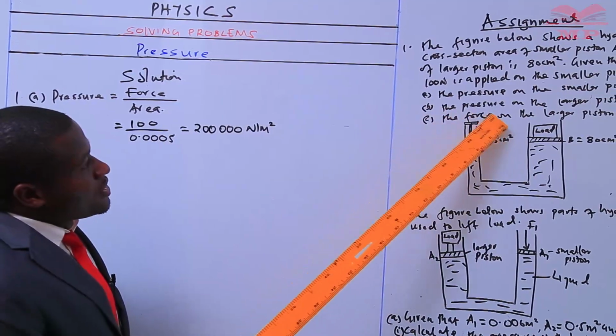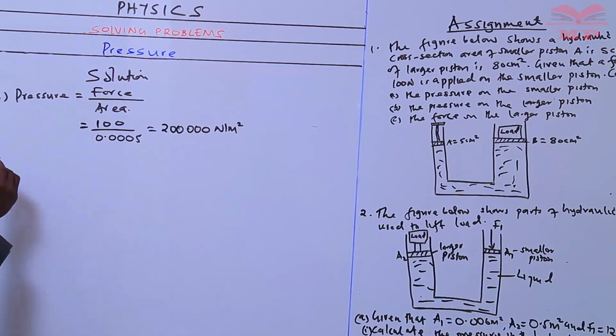Then B, the pressure on the larger piston.